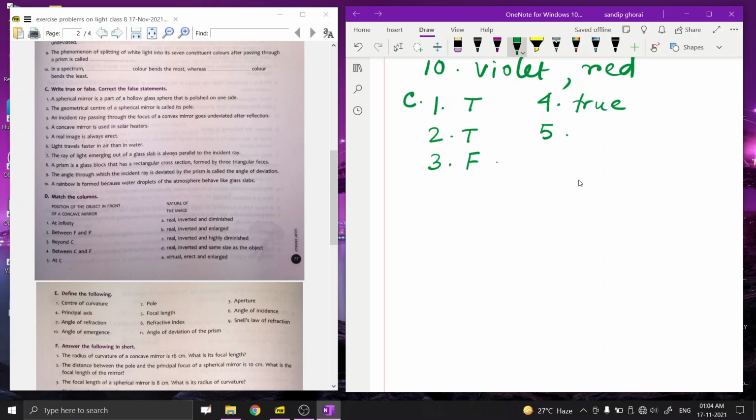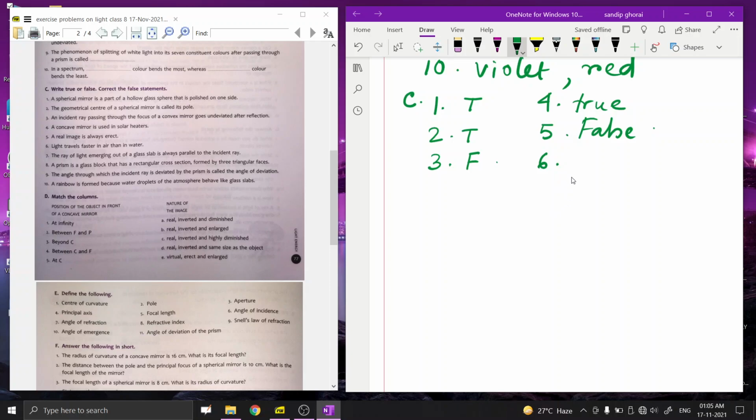Question number 5: a real image is always erect. That is false, because a real image is always inverted, and a virtual image is always erect. Now question number 6: light travels faster in air than in water.